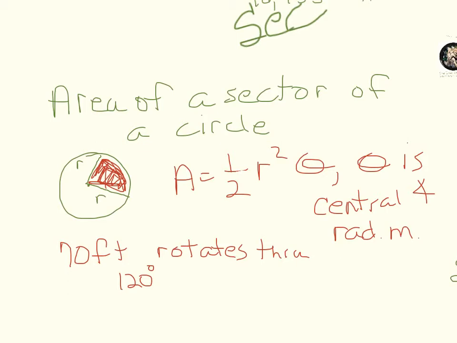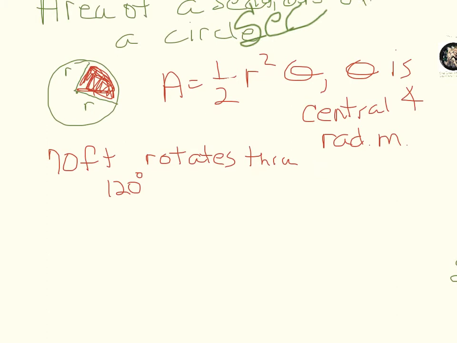So if we want to find the area that it sprays, how much grass on the fairway is actually going to get water, what do we have to do first? Change our angle to radians. How do we do that? Multiply 120 degrees times pi over 180 degrees.